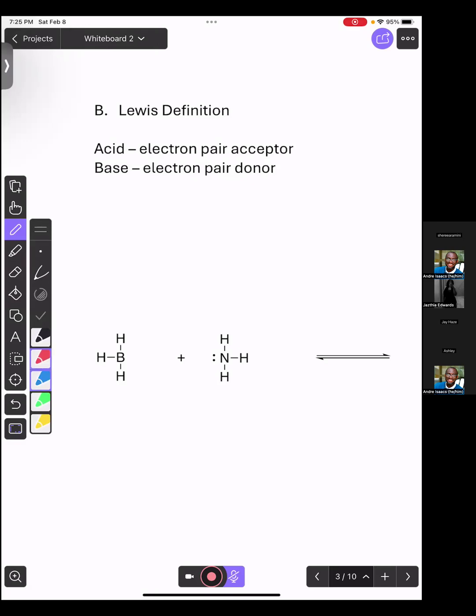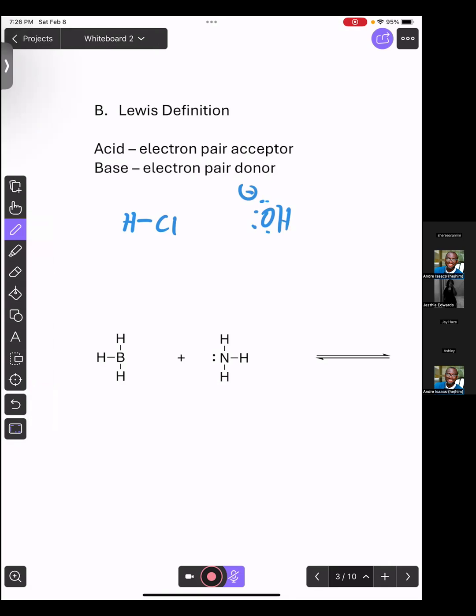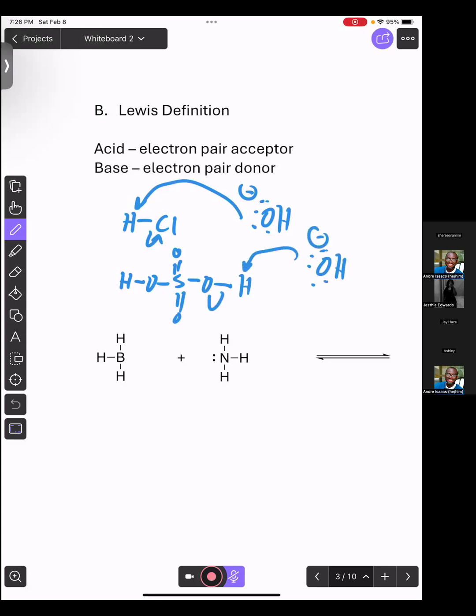Every time we draw Bronsted-Lowry acid, we're giving electrons to hydrogen. So HCl, right? If we have a base, say OH minus, we're giving electrons to this hydrogen. If we have sulfuric acid, here's another acid that we talk about a lot, this is giving electrons to a hydrogen. So the identity of the atom that accepts the electrons in a Bronsted-Lowry acid-base reaction is a hydrogen.